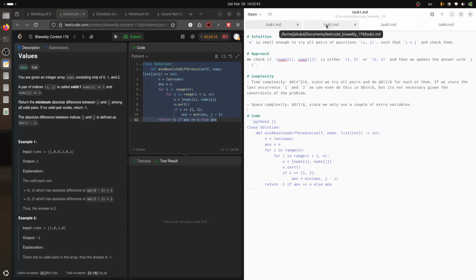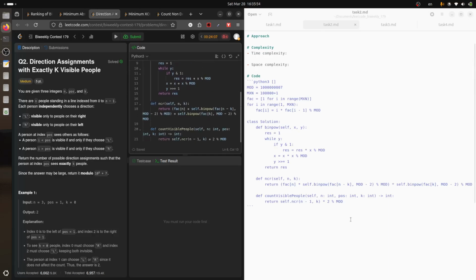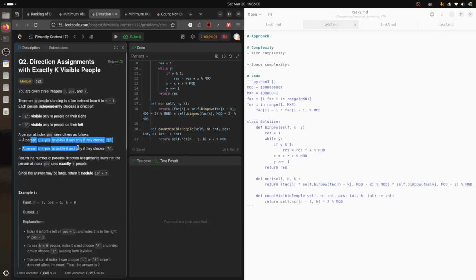Okay, so problem number two. Essentially what this problem boils down to, if you take a look at the code, is that out of the n-1 people, because the direction of the post guy doesn't matter, we want to just choose k people who will be turned our way, and the other ones will be faced the other way, because if they face our way, there will be more people visible to the person at position pos.